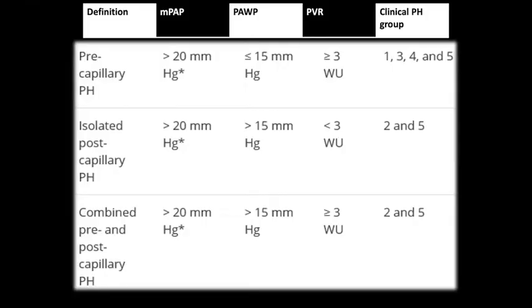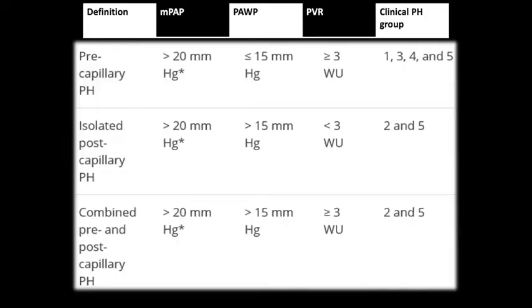Now, what is the definition of pulmonary hypertension on the right heart cath? It is an increased mean pulmonary artery pressure greater than 20 mmHg. Here are some definitions based on whether the problem is pre-capillary or post-capillary. All pre-capillary pulmonary hypertension will have a mean pulmonary artery pressure of greater than 20 with a low wedge pressure, because this is not a heart problem.